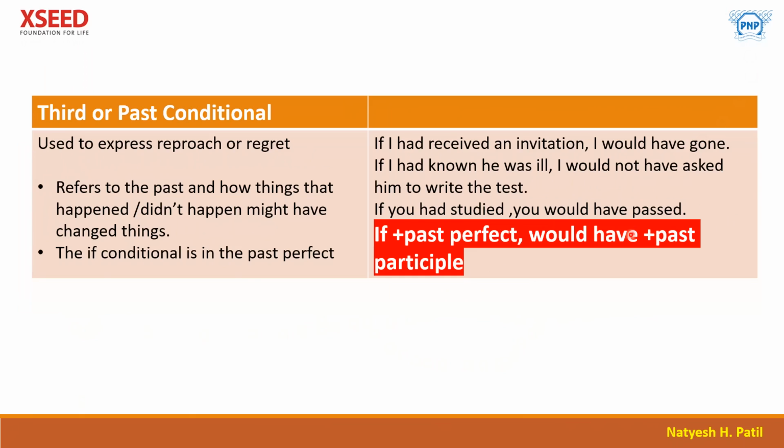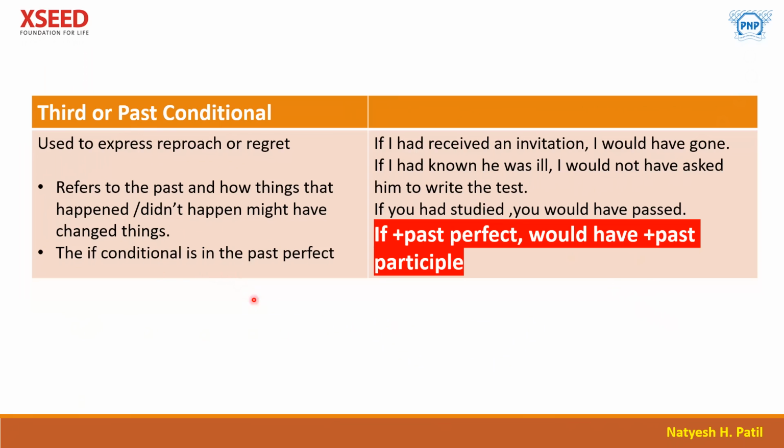Look at this last rule. Third or past conditional. It is used to express reproach or to show some regret. It refers to the past and how things that happened or didn't happen might have changed things. If the things hadn't happened, the things might have been different.